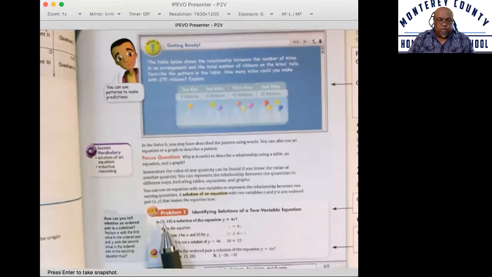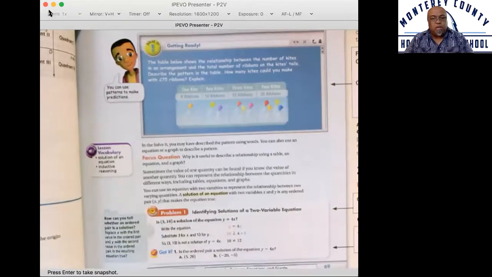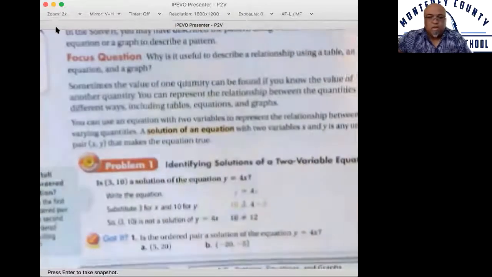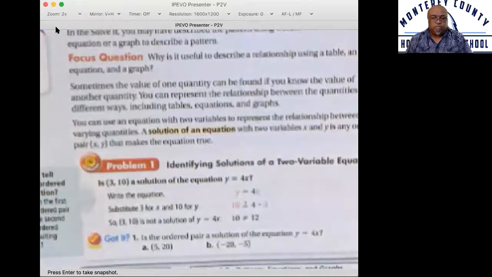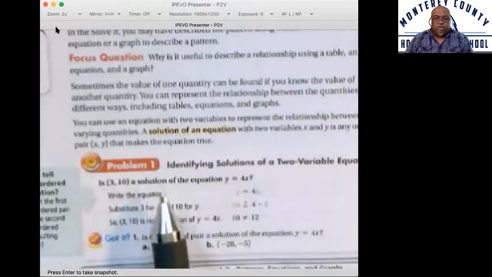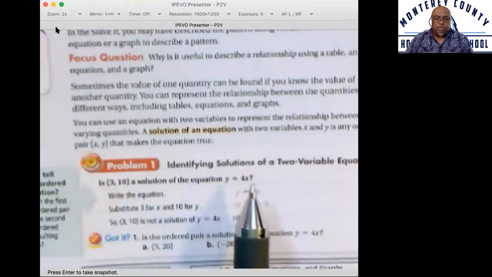So is the ordered pair 3, 10 a solution to this equation? Okay. Let me zoom this in and see if I can get this bigger. It's almost too big. All right. Well, trial and error. Let's just go with it for now. So is (3, 10) a solution of the equation y is equal to 4x?